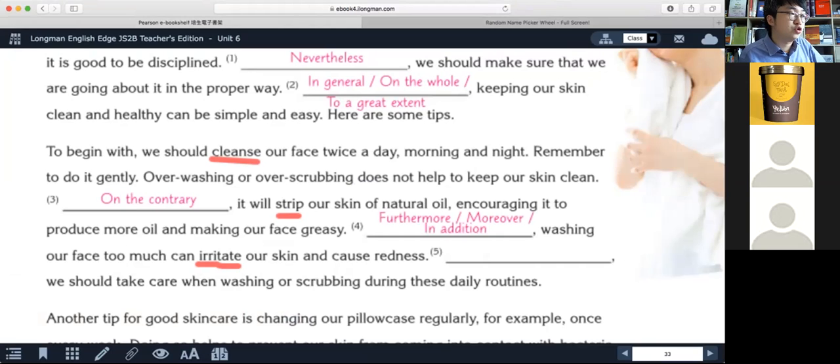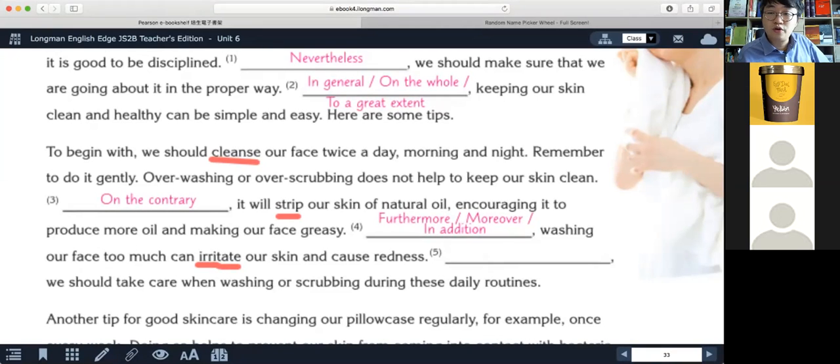Washing our face too much can irritate our skin and cause redness, but Matthew used "in short" here. Matthew, when do we use "in short"? What kind of connective is it? It is for sum up. Okay. So in your opinion, you think that it is a summary. So let's see.